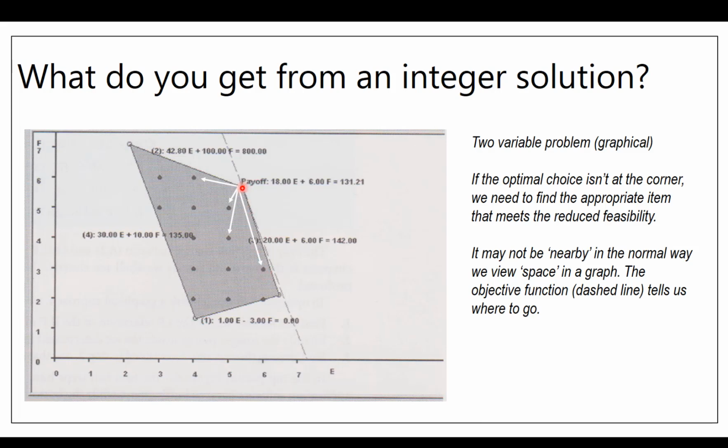And so instead of getting something like 5.8, 5.4 and rounding it, or even rounding it down, the solution is actually to jump all the way down here to 6 and 3.